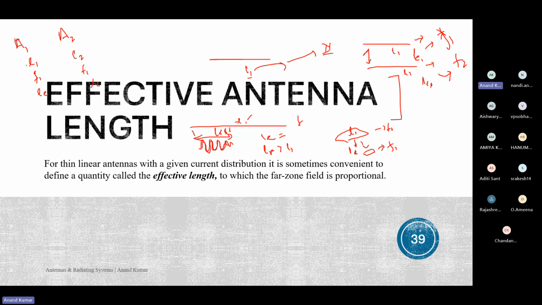So the physical length might be different, but the same effective length. Similarly, there could be two antennas A3 and A4. They might have the same physical length L_P, but they might radiate at frequencies F3 and F4 because they have different effective lengths L3 and L4.